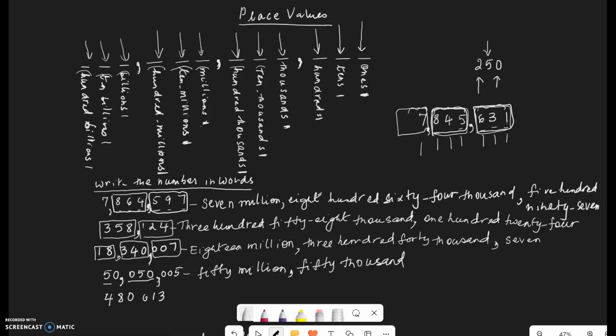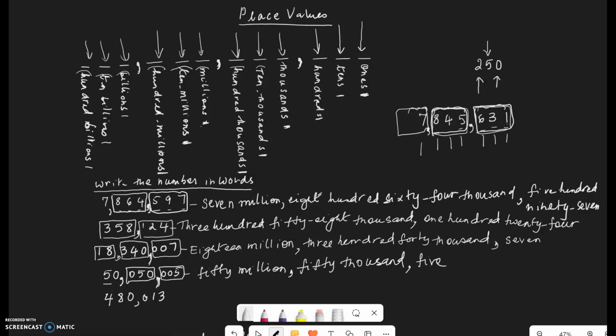So the next period is 050, which is just a 50, and the comma is thousand, comma. The next period, just read it as a 5. So 50,050,005. No, do not use the word and. There's no and in it.